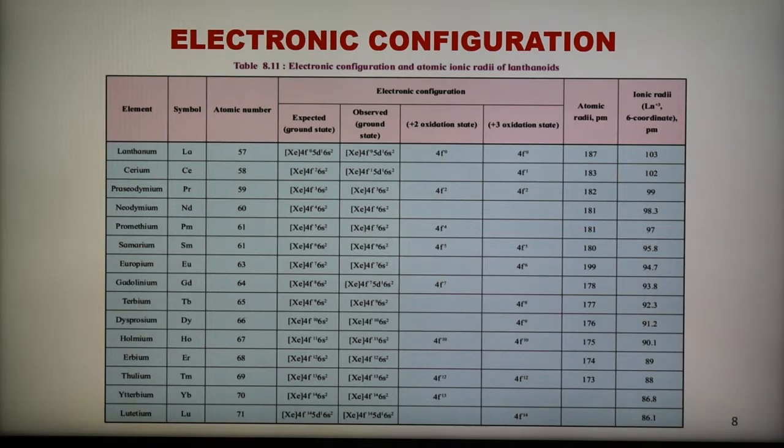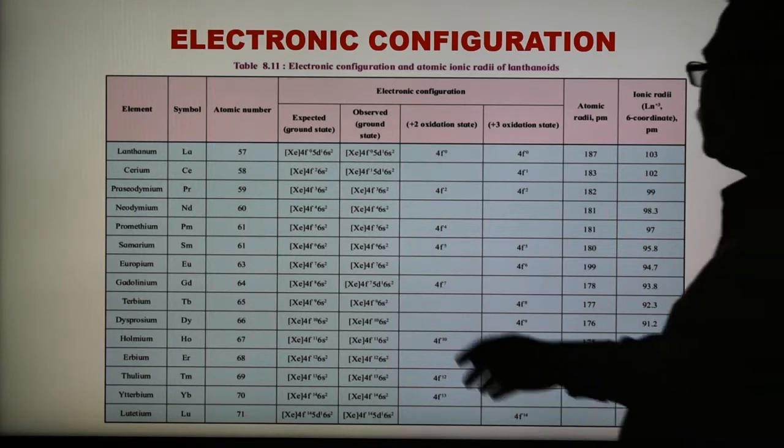In lanthanum, gadolinium and lutetium, 5d receives 1 electron to maintain the spherical symmetry of the f orbital, that is 4f0, 4f7 and 4f14. 4f7 means half filled, and 4f14 is completely filled, as shown here.